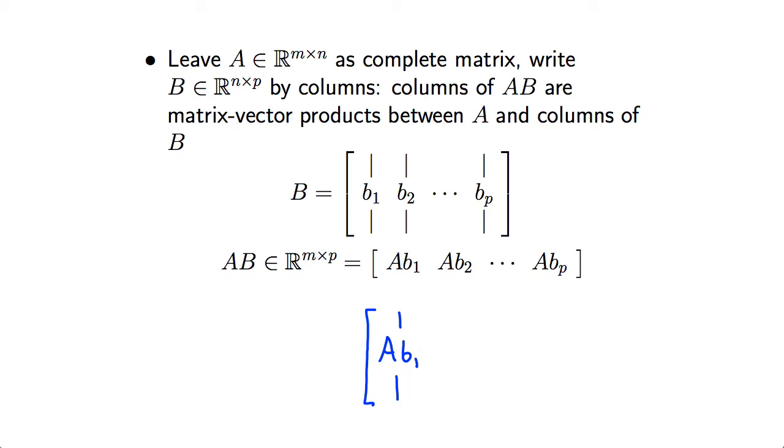The second column is A times b2, etc., up to A times bp. Remember, there are p different columns in B. And of course, this matrix vector product we can interpret either as a set of inner products or as a linear combination of the columns of A.